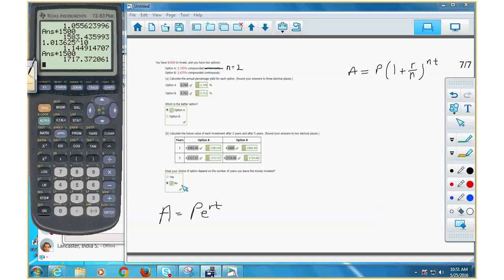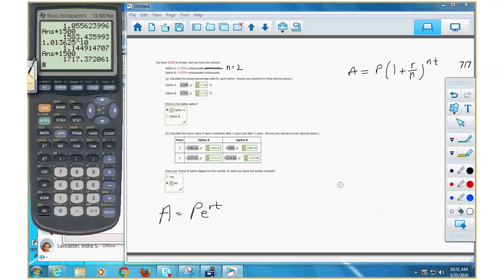That would be 1500 e to the 0.02675 times 2, right? And then times 5. All right. Now, the formula for your annual percentage yield, y'all check me.